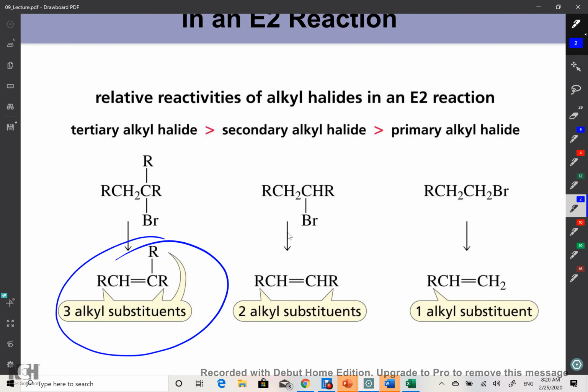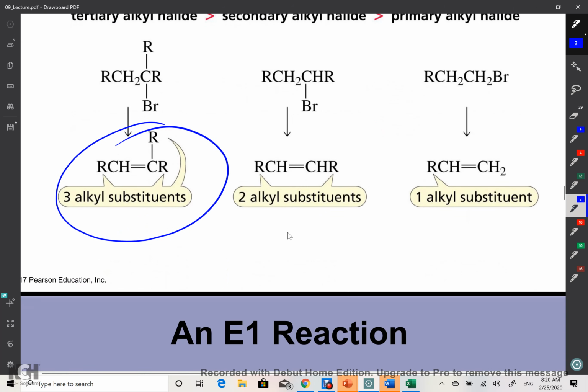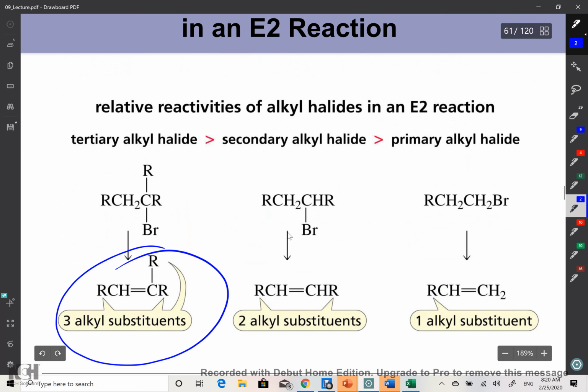Any question with the E2 reaction? So the E2 reaction is a one-step reaction. In other words, we can refer to that as a beta elimination. Okay? And it only depends on the concentration of the alkyl halide.